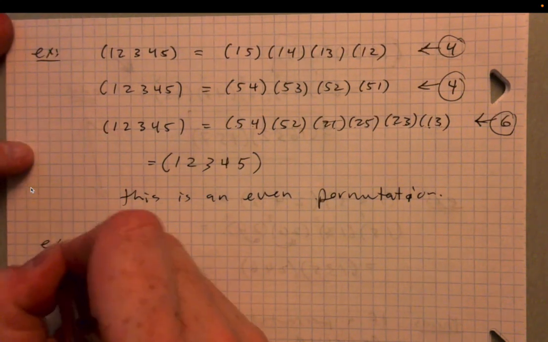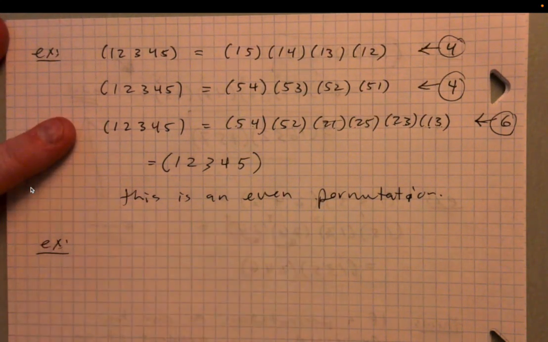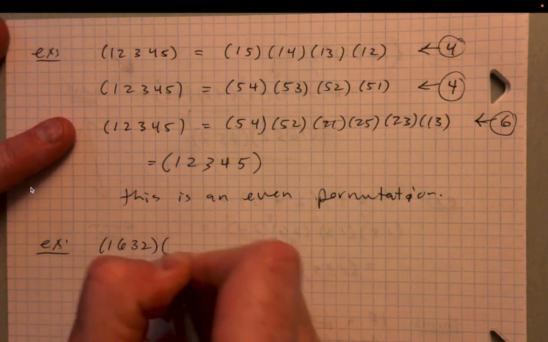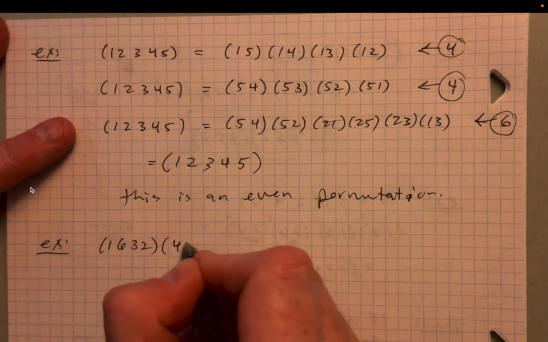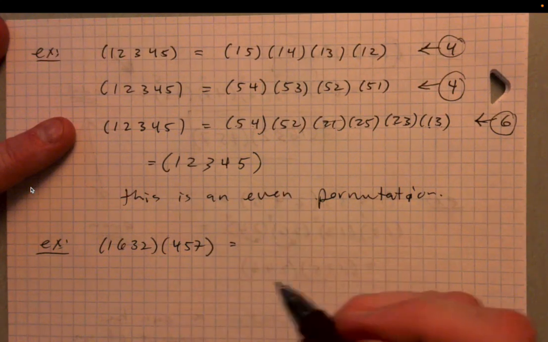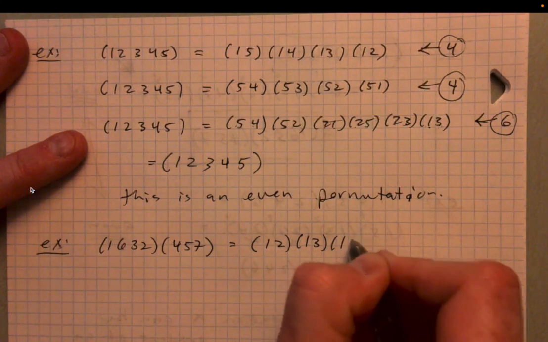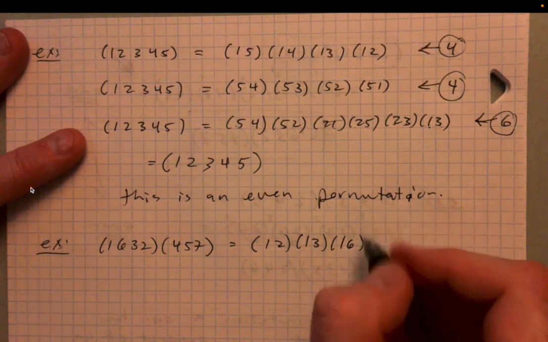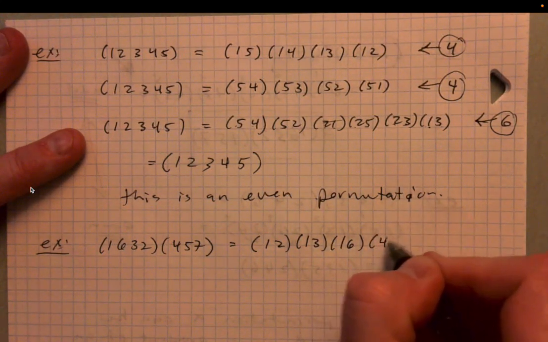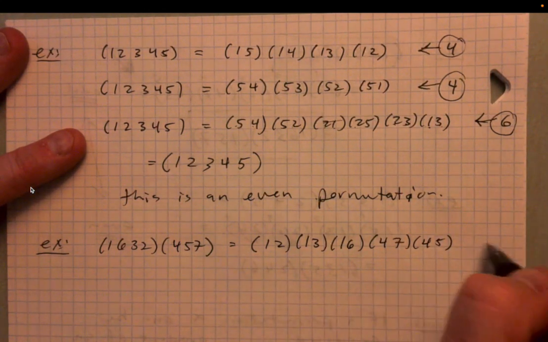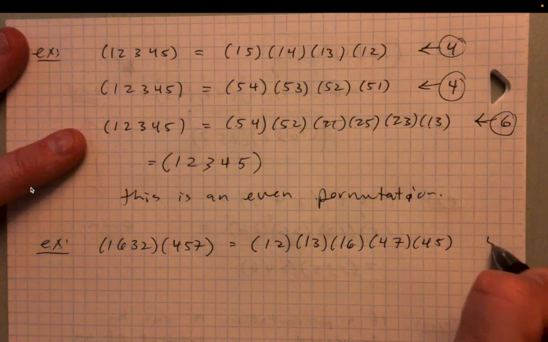Let's see an example of an odd permutation. 1, 6, 3, 2, 4, 5, 7. This is one we already saw. We saw that this could be written as 1, 2, 1, 3, 1, 6, and then 4, 7, 4, 5. That's one way to do it, and you can see 1, 2, 3, 4, 5 of them.